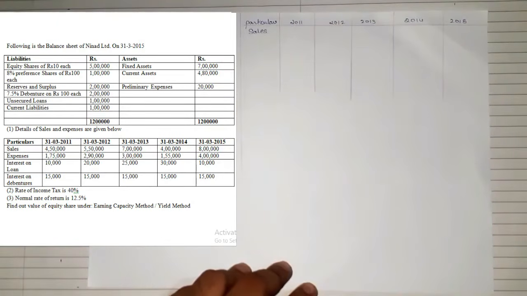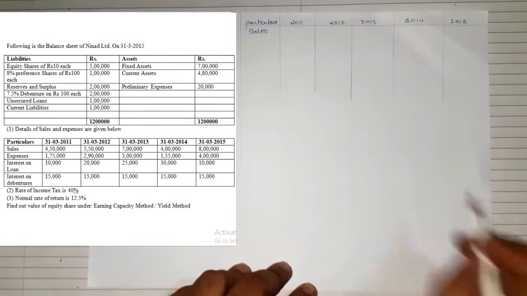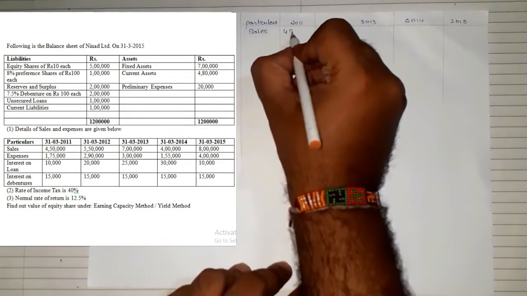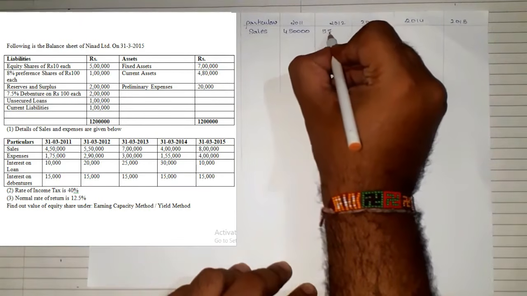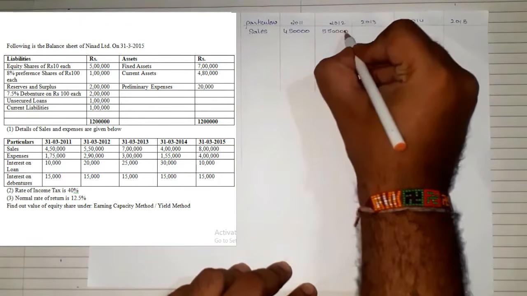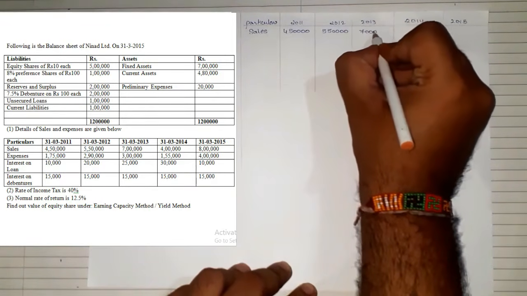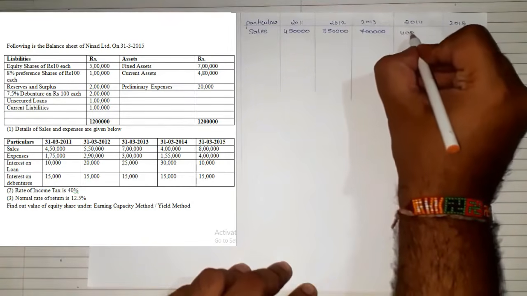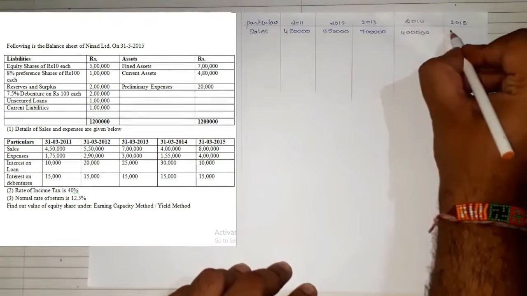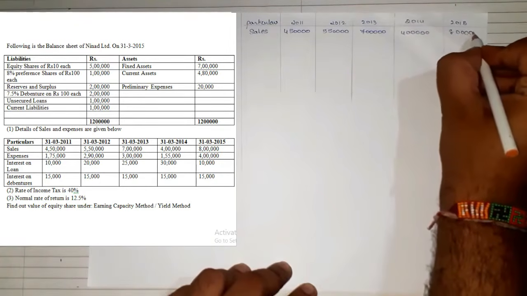The value of sales is 4,50,000 for the first year, 5,50,000 for the second year, 7 lakhs for the third year, 4 lakhs for the fourth year, and 8 lakhs for the last year.